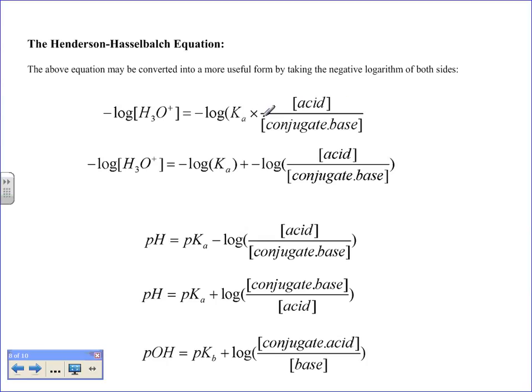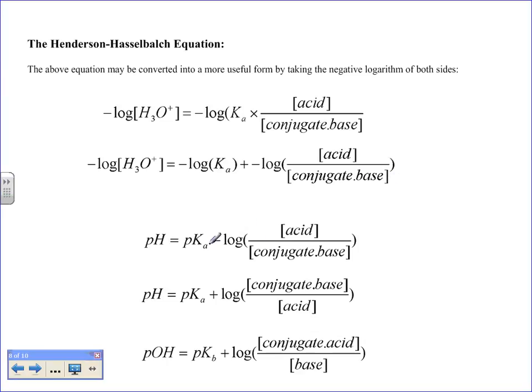Using log rules, when we multiply two things, they get added. So we've got the negative log of Ka plus the negative log of the concentration of the acid divided by the concentration of the conjugate base.